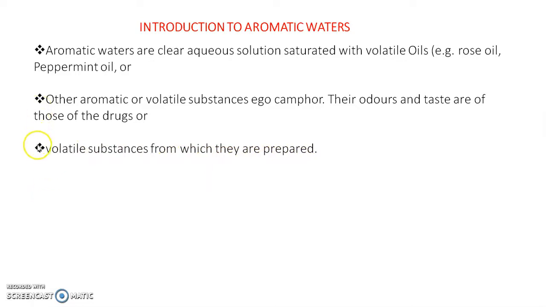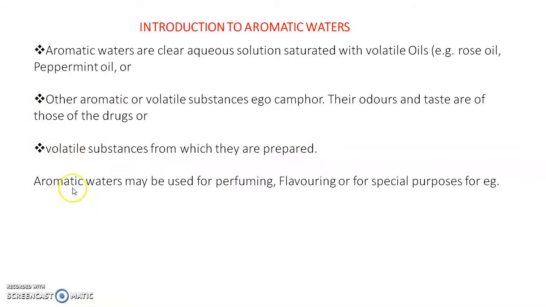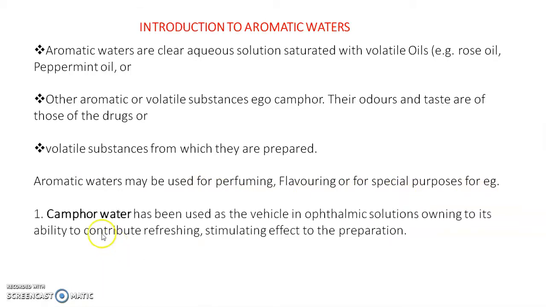Aromatic waters are basically volatile, made from the volatile substances. Aromatic waters may be used for perfuming, flavoring, or special purpose. Example of aromatic water is, first we see the camphor water.